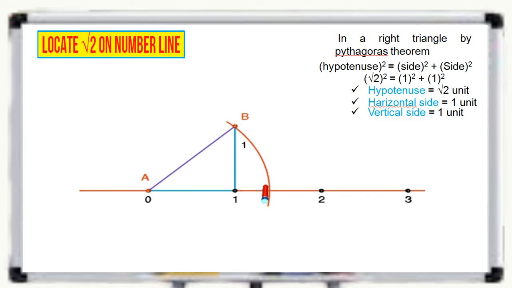This arc intersects the number line at a point. Now draw a line from 0 to this intersection point. It also has square root of 2 units length, because the hypotenuse is square root of 2. It is a radius.